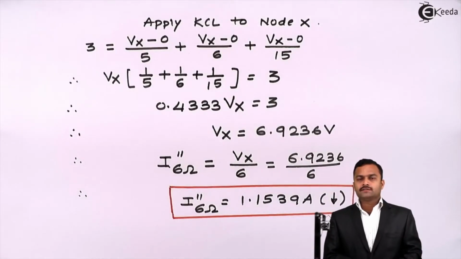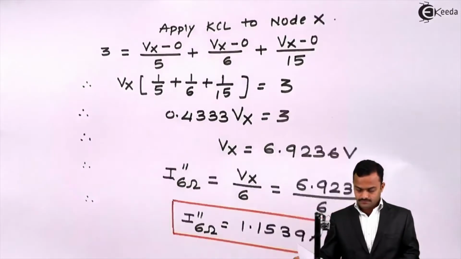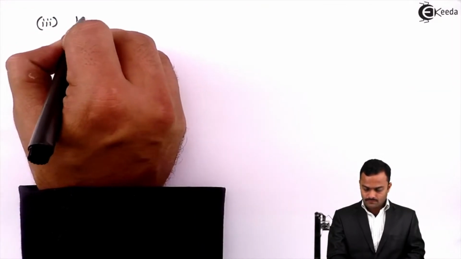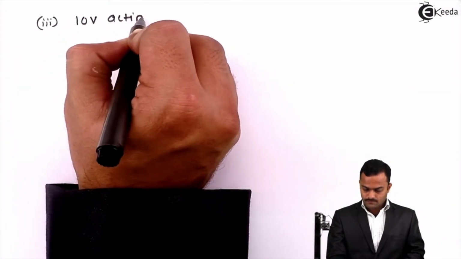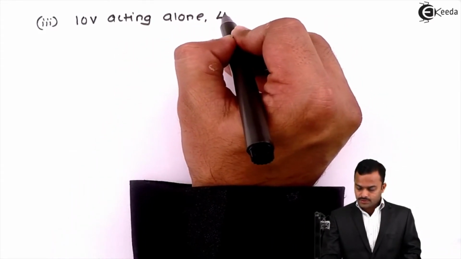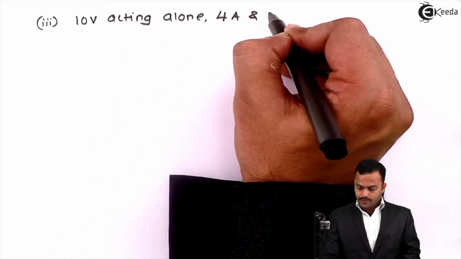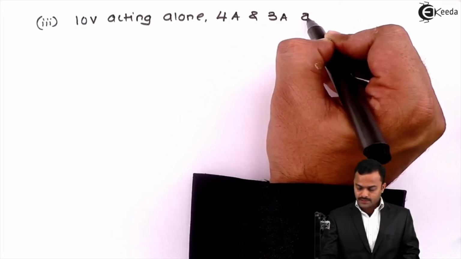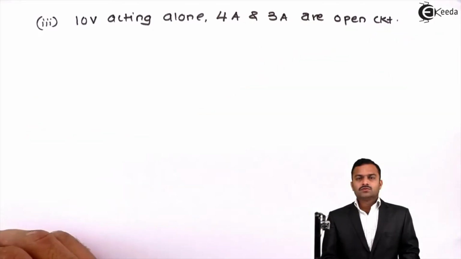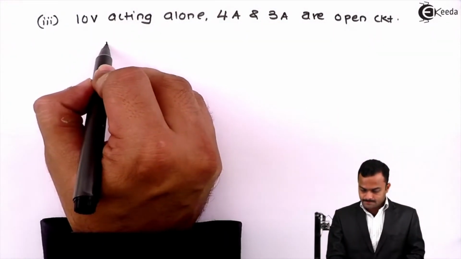Here we are going to consider a voltage source acting alone, and that is 10 volt. Both the current sources, 4 ampere and 3 ampere, are open circuit. The circuit will be reduced like this.